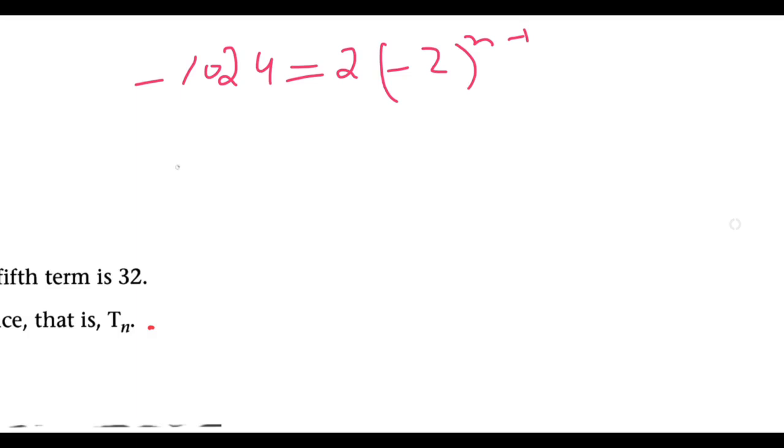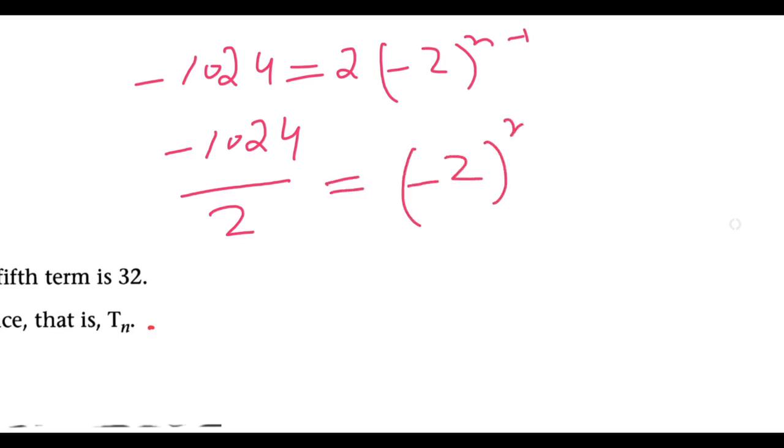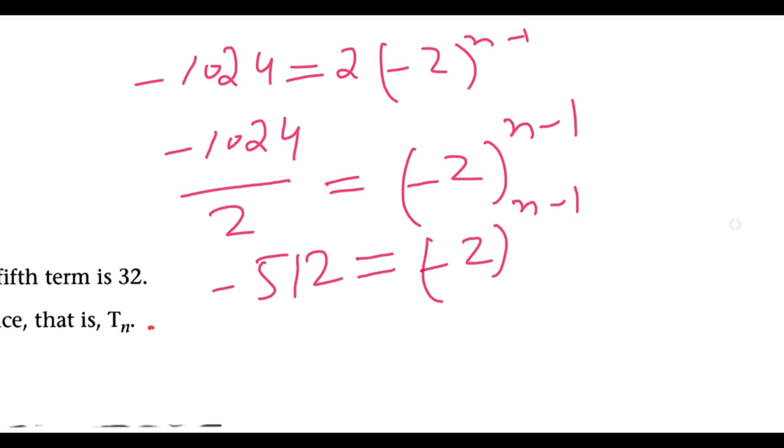So this is -1024, multiplication becomes division, is equal to -2 to the power n minus 1. This becomes -512, and this side is -2 to the power n minus 1. So I can apply the log formula here, but at this stage I can't.